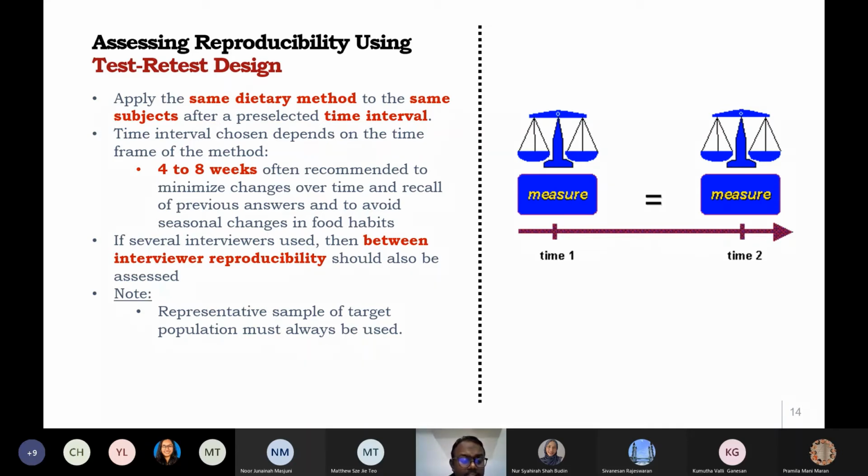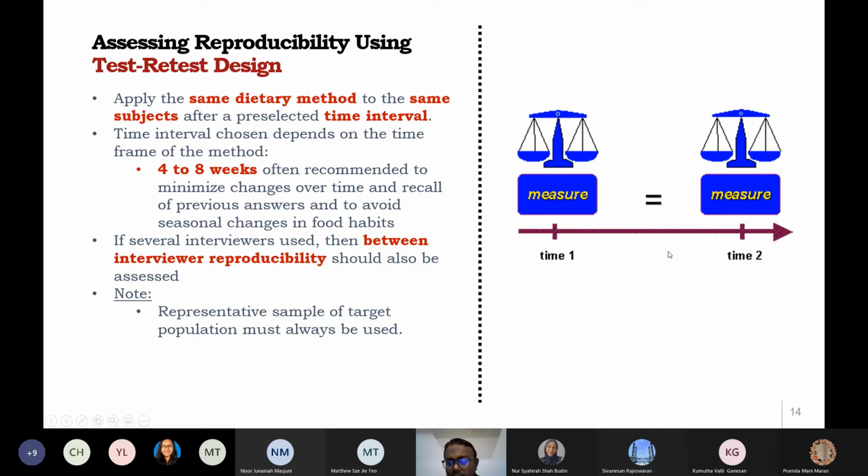This is recommended to minimize changes over time and recall of previous answers, and to avoid seasonal changes in food habits. We do not want the time to be very short because they can recall what they have just answered. So we need some time interval here. 4 weeks to 8 weeks is recommended.